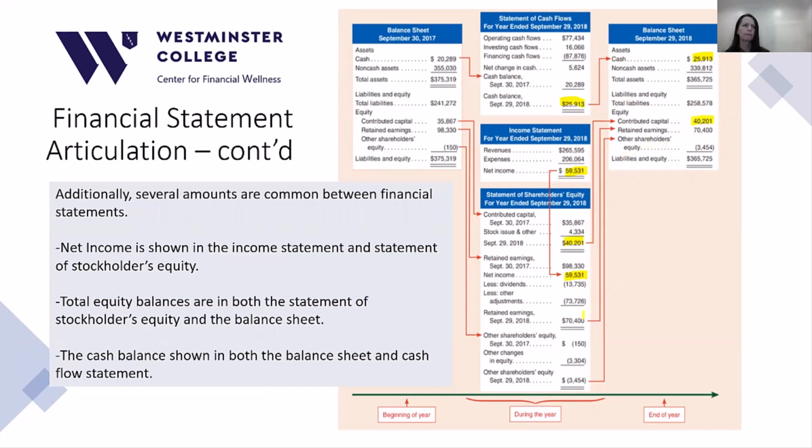Here's my contributed capital. Here's my retained earnings. And here's what we call other. So they're all shared. So I wanted to show you this because I wanted you to appreciate how closely tied together the financial statements are. They're not isolated.